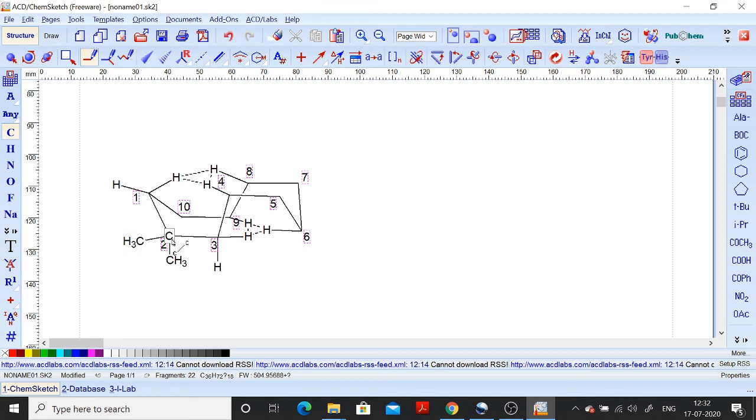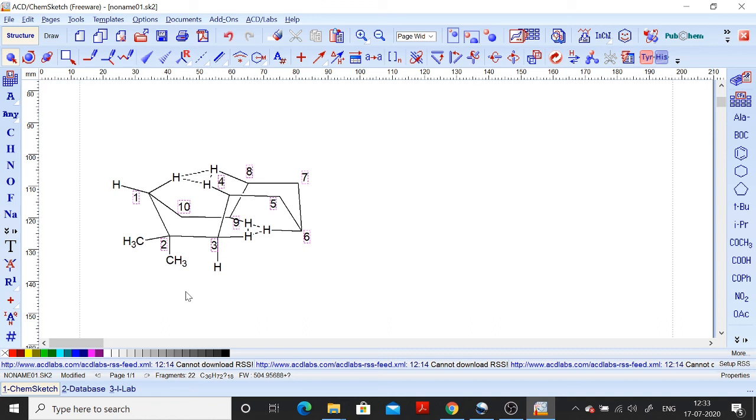Especially geminal substitutions will be comfortable, because when you have these methyl groups over here, this compound will try to achieve its stable position where there is no steric crowding because of the methyl groups. And in that conformation, this compound will remain in the rigid form.